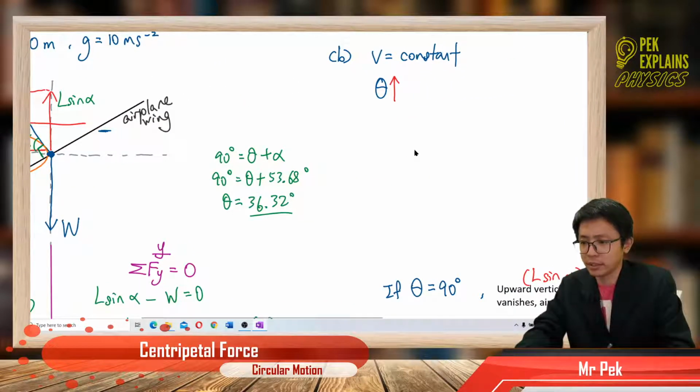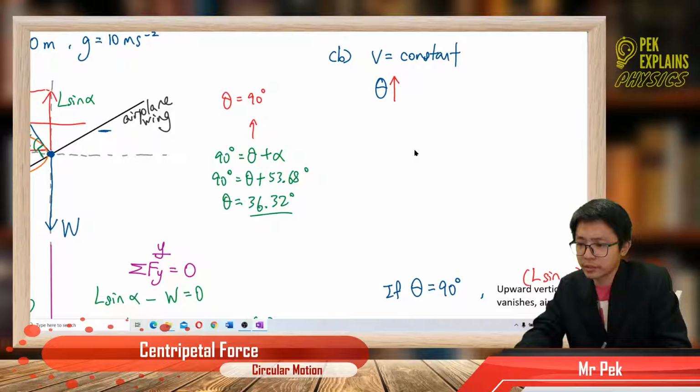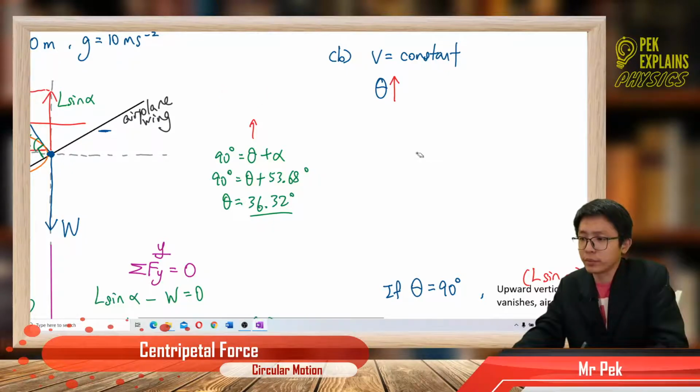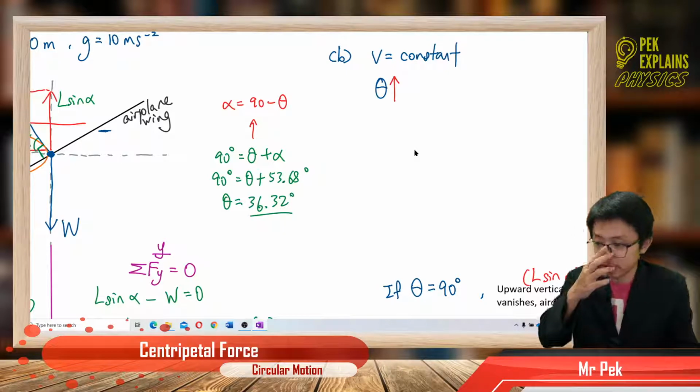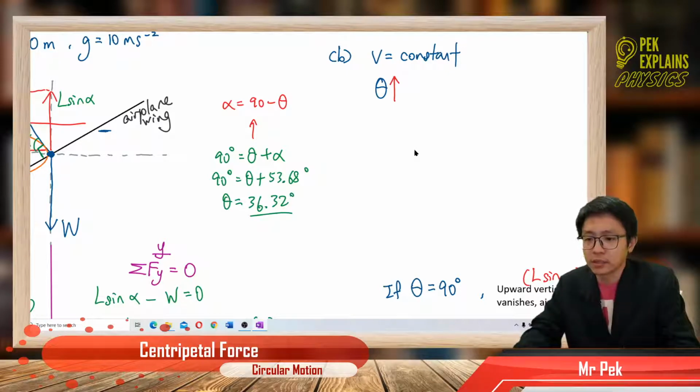We can say it this way: alpha is actually 90 minus theta, isn't it? So let's write that down.